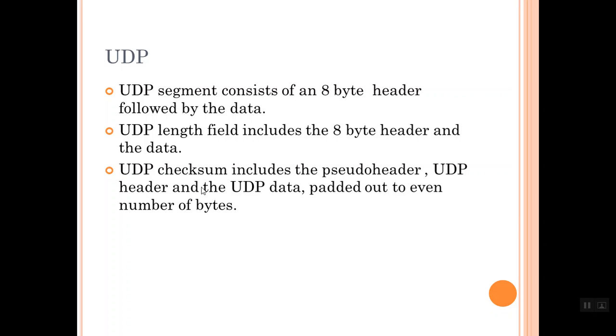If an error has occurred during transmission, then the checksum will not be equal. UDP calculates the checksum by using a pseudo header, the UDP header and the UDP data, and it is padded out to an even number of bytes.